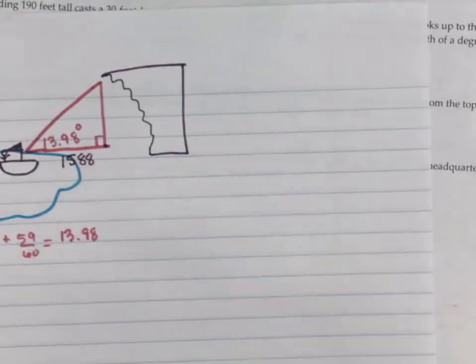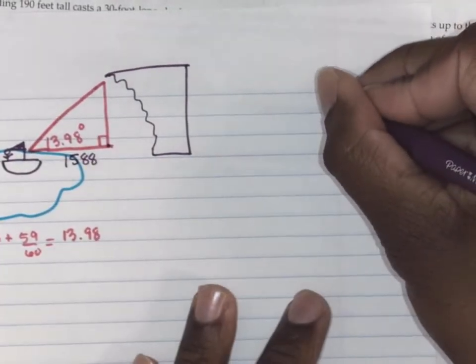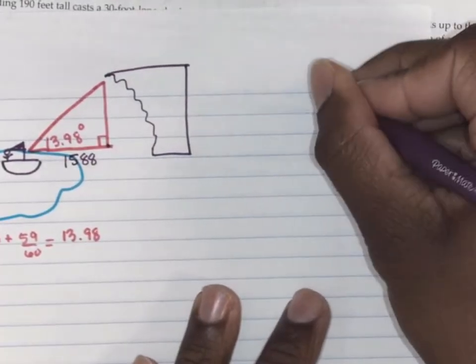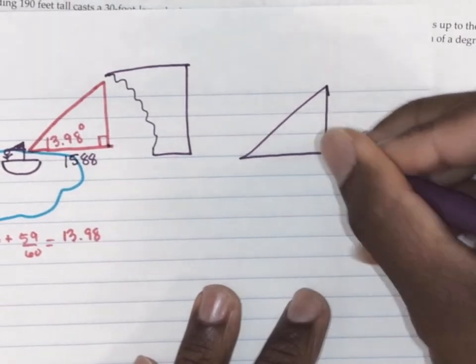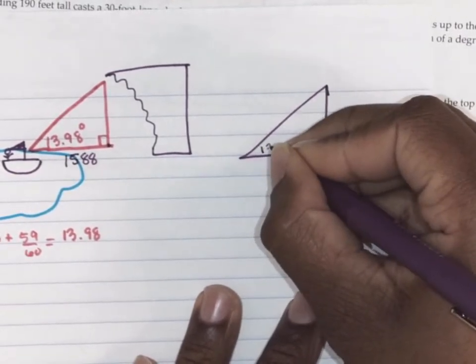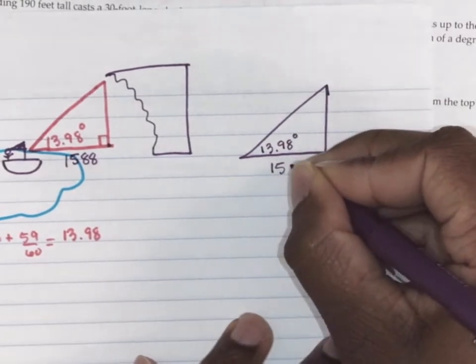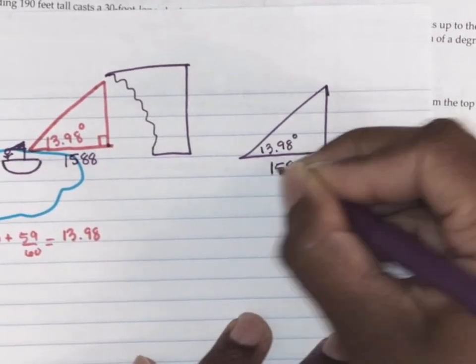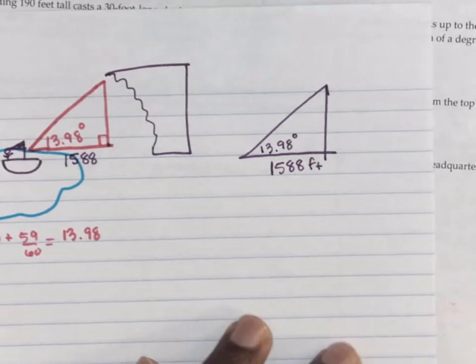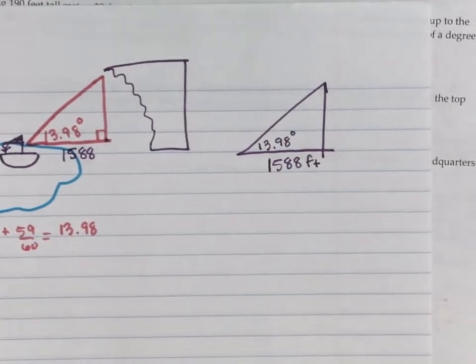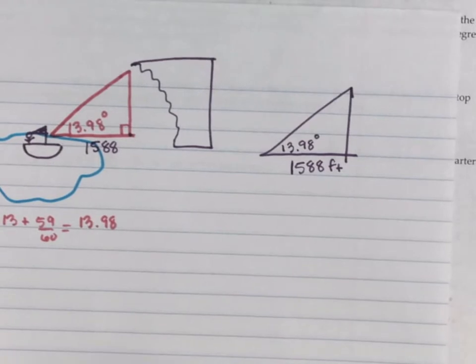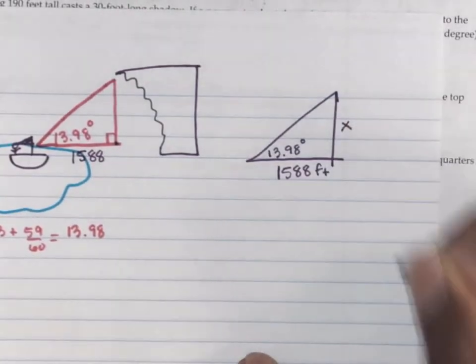Right, so my image might look complicated. At the end of the day, all we have is this right here. 13.98 degrees. 1,588 feet. And what we want to find is how high is the cliff, this side.